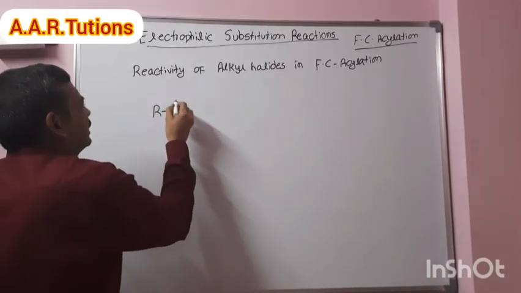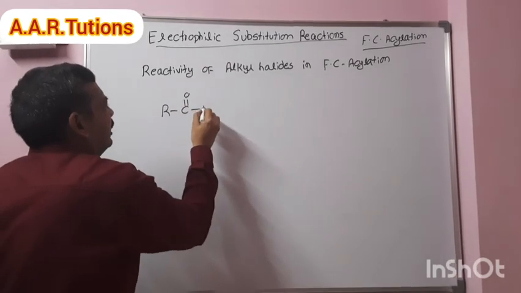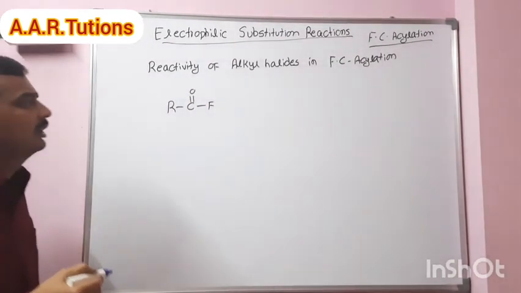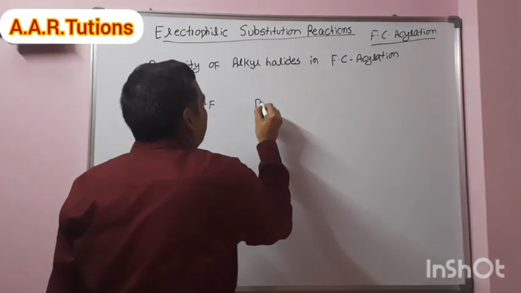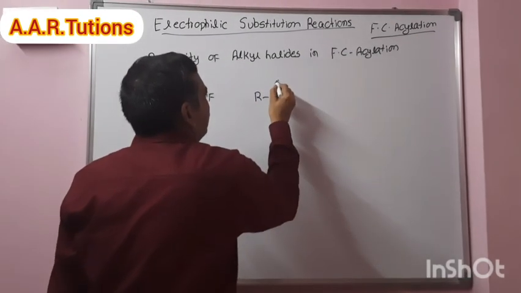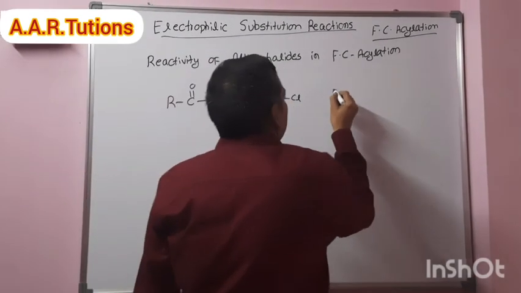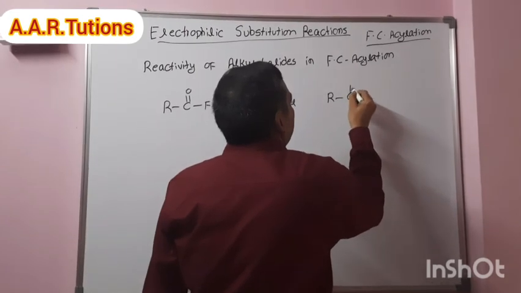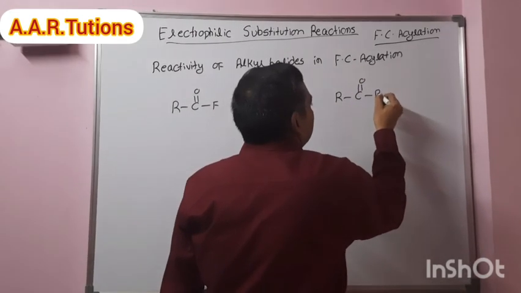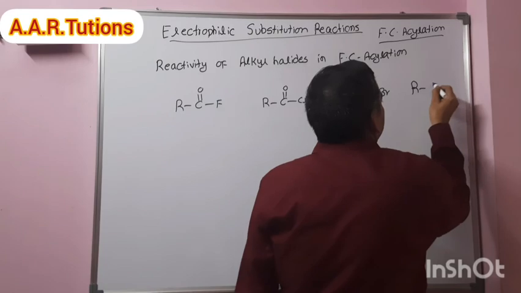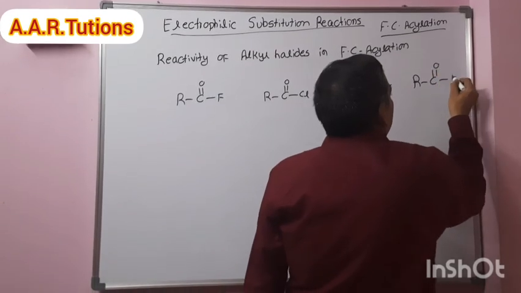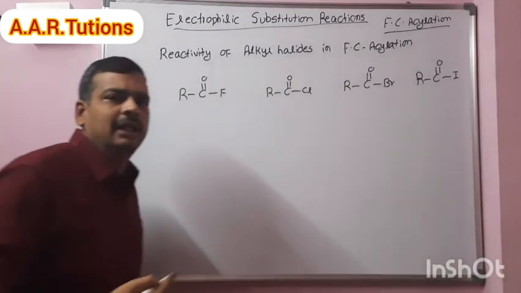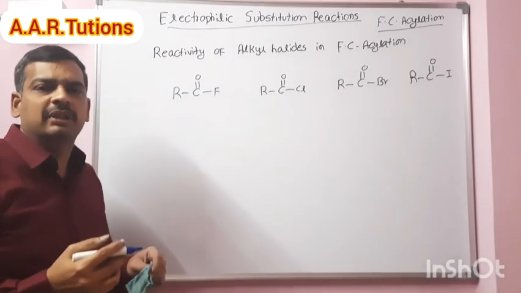Which acyl halide reacts readily in Friedel-Crafts acylation: RCOF, or the chloro, bromo, and iodo compounds? Which acyl halide readily undergoes Friedel-Crafts acylation?